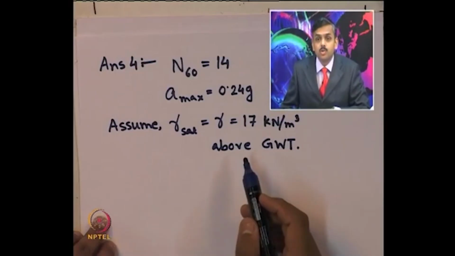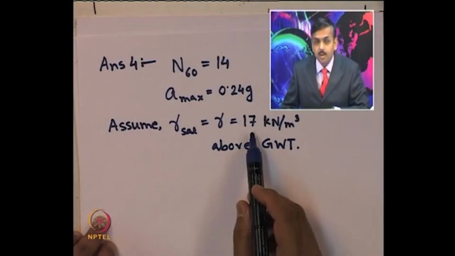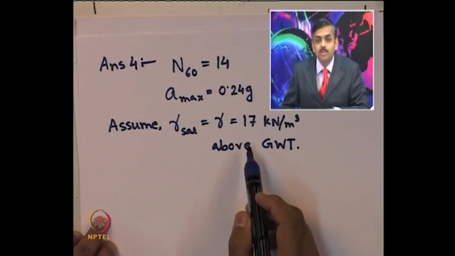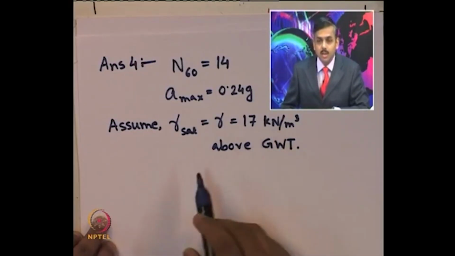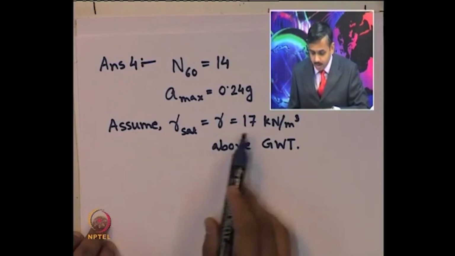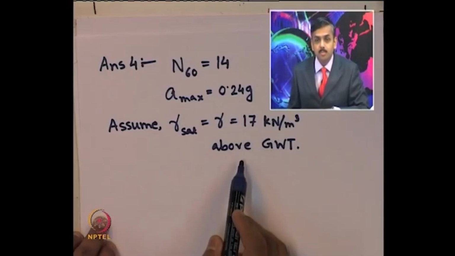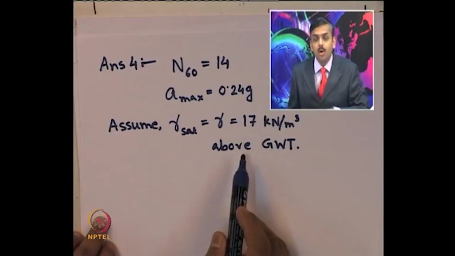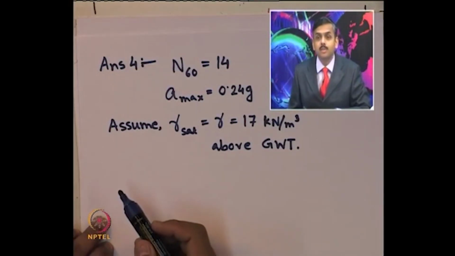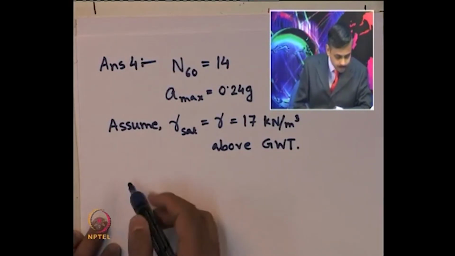If somebody wants to consider some lower value of gamma above the groundwater table, or if the value is provided to us, we can use that exact value. In other words, we can use either gamma of 17 maximum above the groundwater table or a little lower than that value as per actual, if it is given to us.